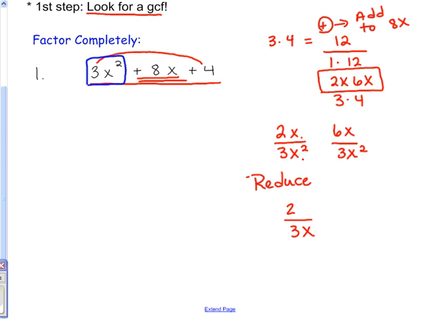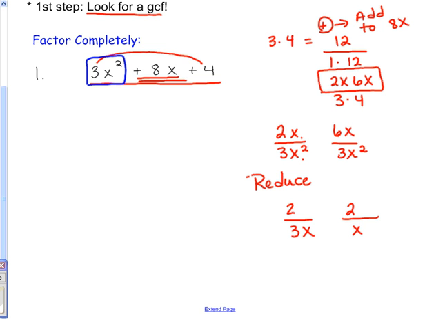Remember the rule for exponents as far as subtracting your exponents go. Then if I want to reduce 6x over 3x squared, 3 would go into both terms, so 3 into 6 would be 2, 3 into 3 would be 1, and then x over x squared would give me x.